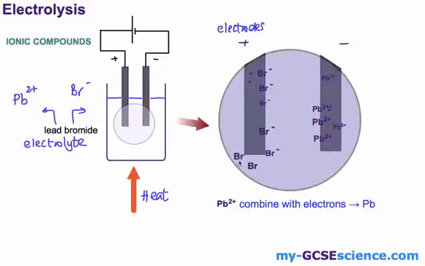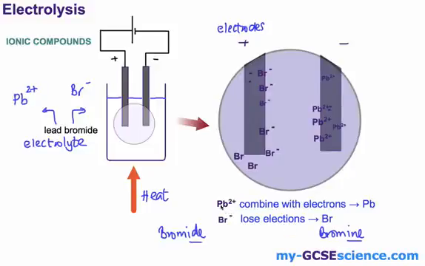Then we end up with the atom of bromine. When it's an ion we call it bromide, each one will lose one electron, and it will become the element bromine, or bromine atoms. When it's an ion we call it bromide, when it's the atom or the element we call it bromine. So this is what's happening at each of the electrodes.